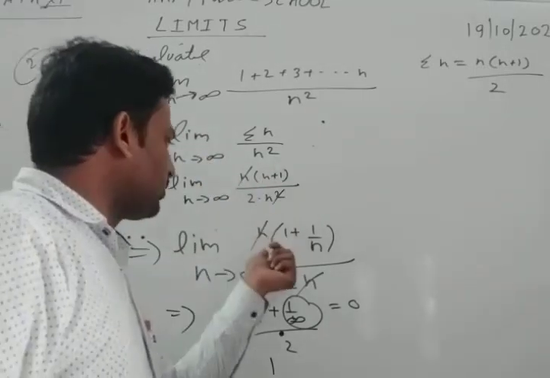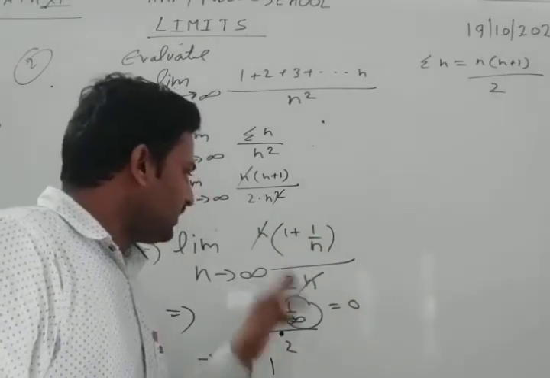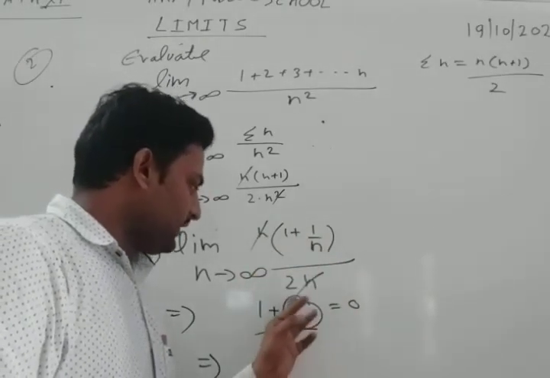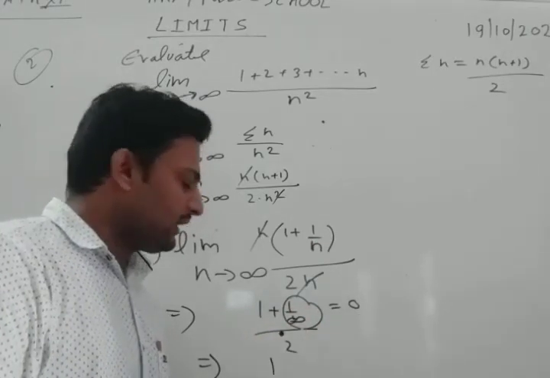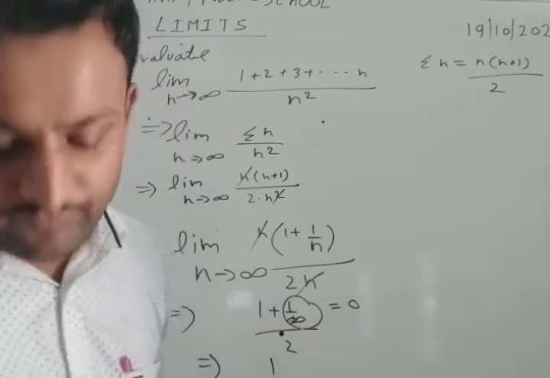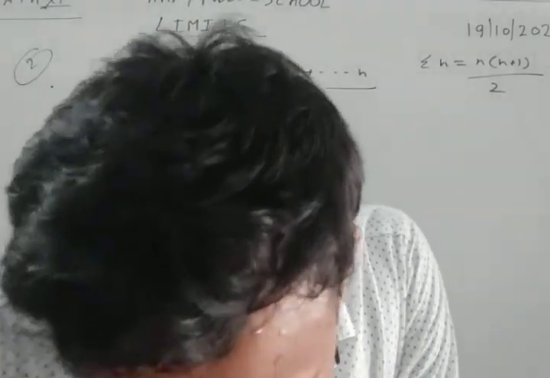Now take n outside, 1 plus 1 by n, and n and n cancel. Now put the limit. We see that this is 1 by infinity, which is 0. So 1 by 2 is the answer. Now we are taking another question.